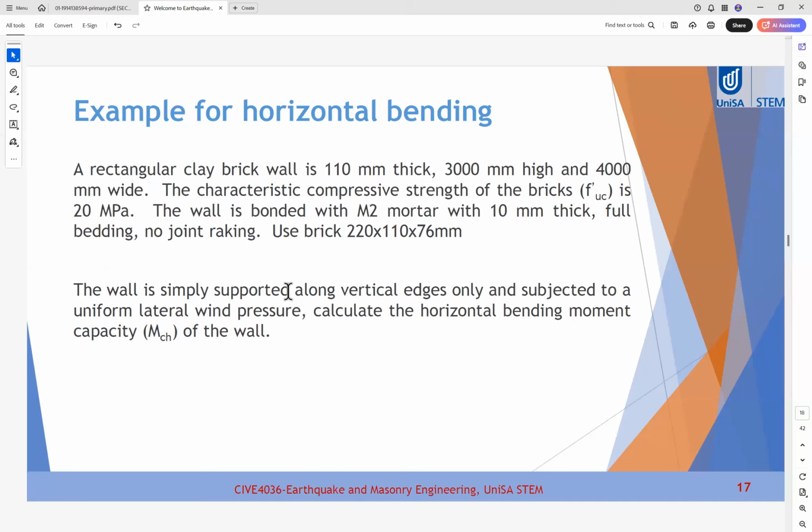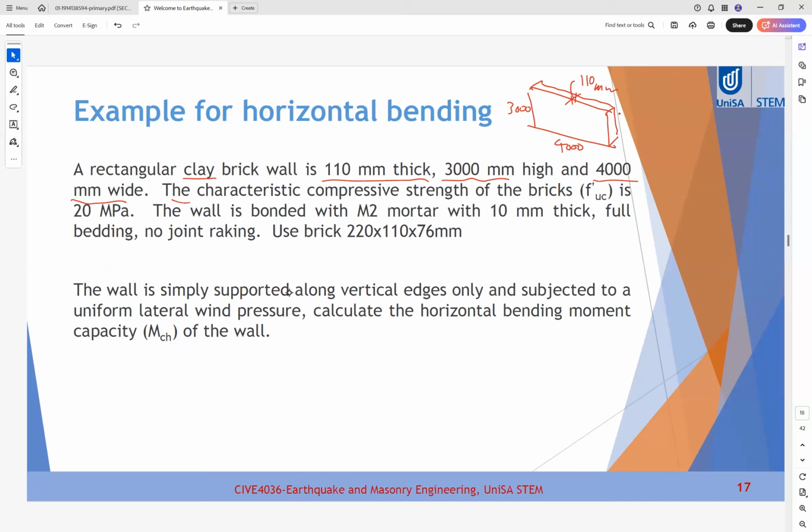It is a similar example: a rectangular clay brick wall, 110 millimeter thick, 3000 millimeter high, 4000 millimeter wide. So this is our wall, 3000 by 4000, and the thickness is 110 millimeter.